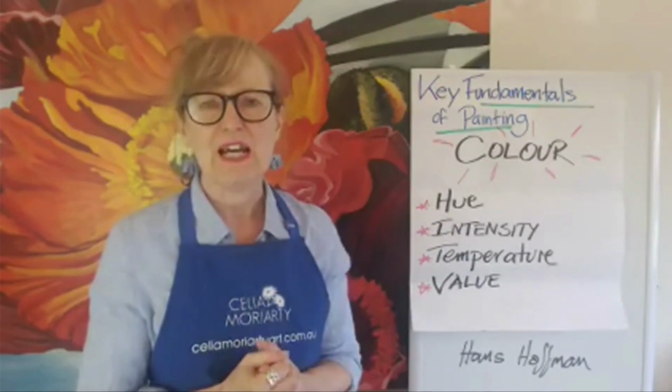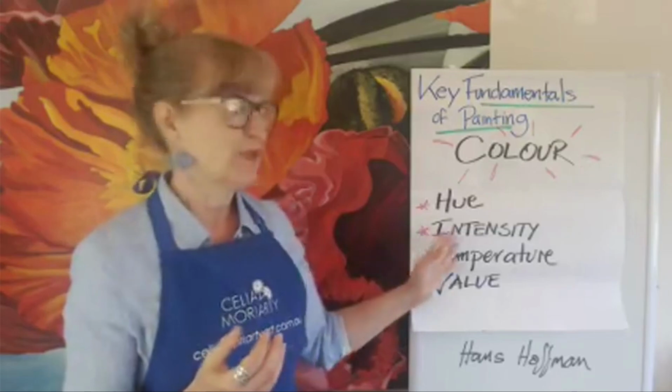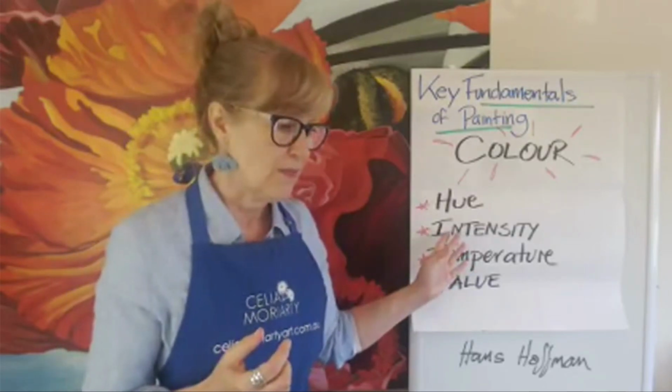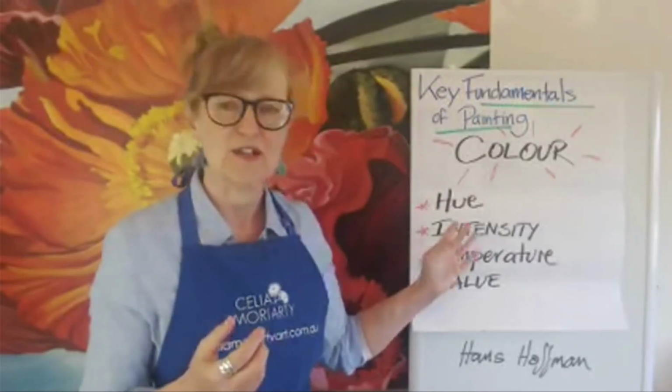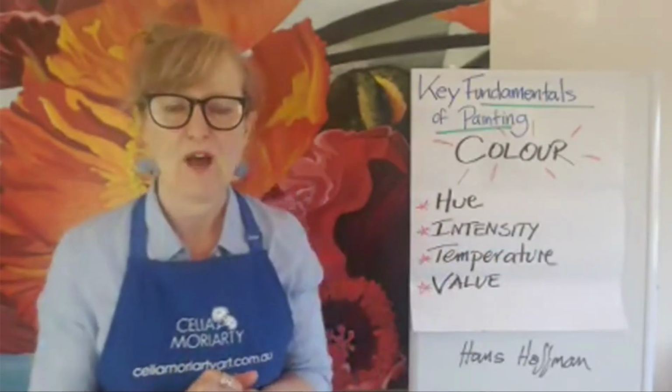When we talk about intensity, and again, I've made a video specifically for this, I'm talking about the brightness or in fact the darkness, in terms of how intense, the dullness.